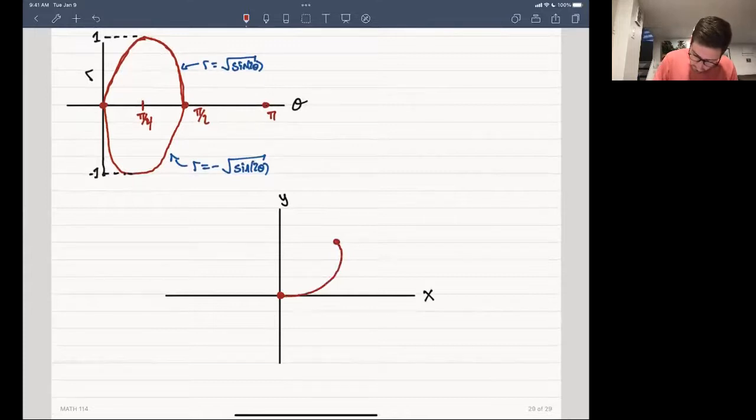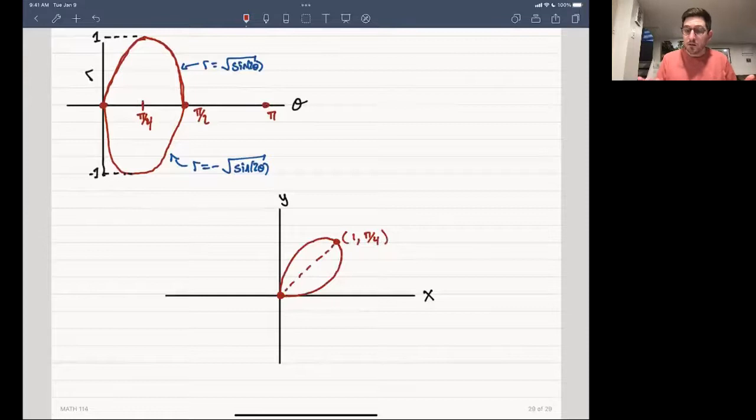And then you come back into the origin, right? So rotating yourself from the angle 0 to angle pi over 2, r does a complete loop. It goes from 0 back to 0, and its maximal distance away from the origin is at pi over 4, a complete right angle here.